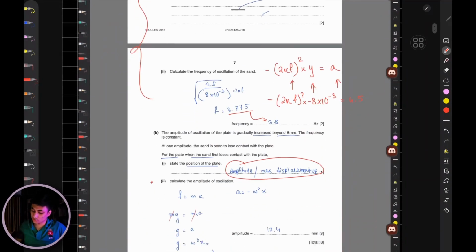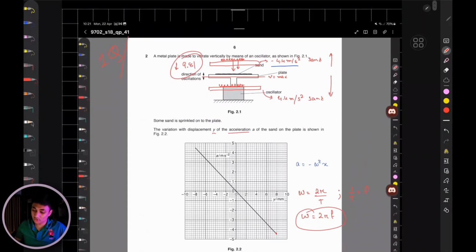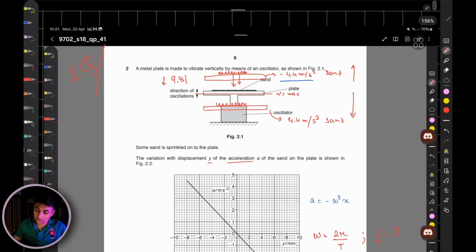Now, the next question is asking you to calculate this amplitude, the amplitude at which the sand particles lose contact. As mentioned over here, when the acceleration of the sand particles is going to be 9.81, in that case only will the sand particles lose contact with the plate.